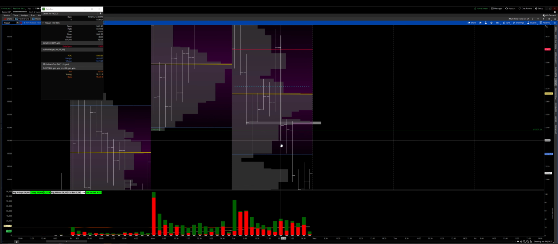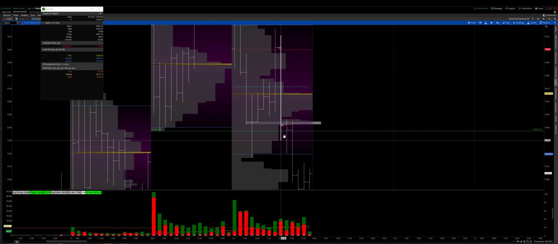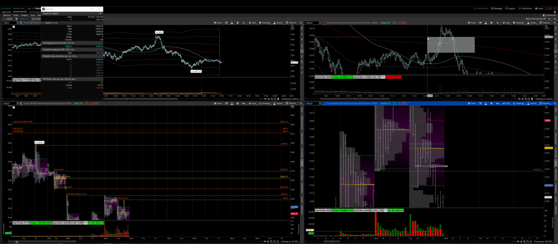At the time, we hadn't taken out 15,530 yet. We hadn't taken that price point out yet, and I was looking for us to rotate back up. So we were holding above 15,530 and just trading between that 30 and 40 level, consolidating for quite some time.